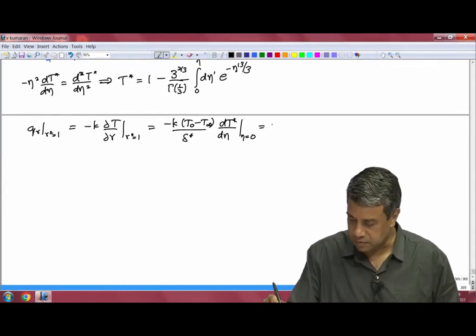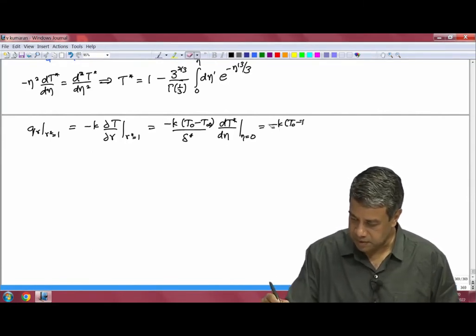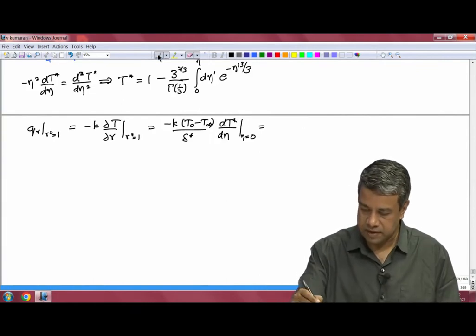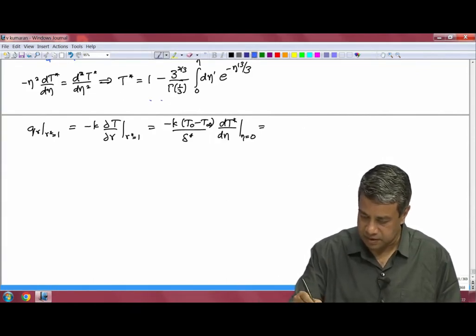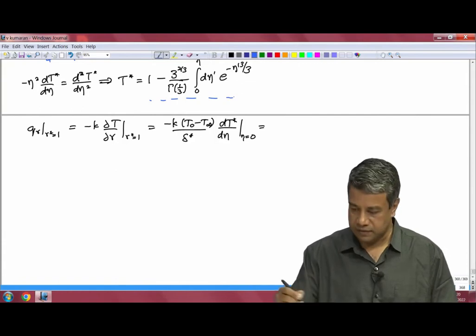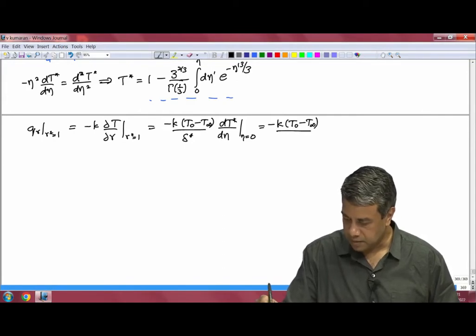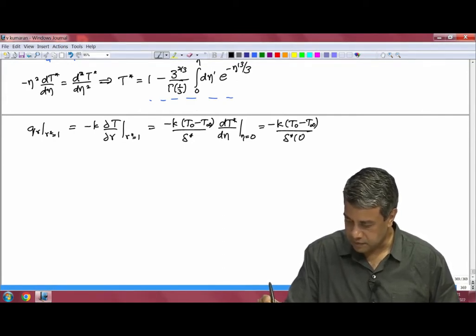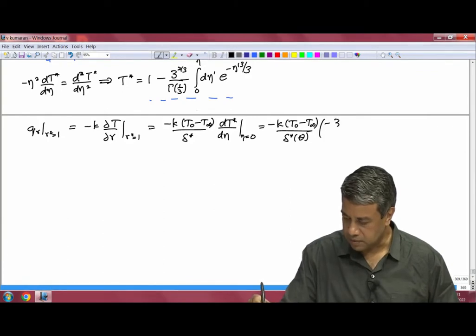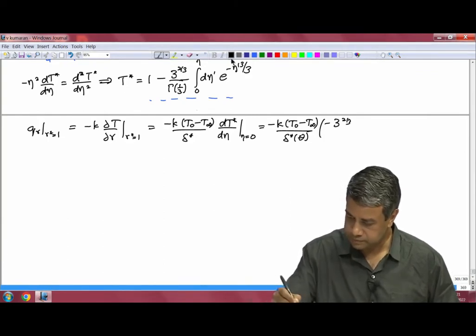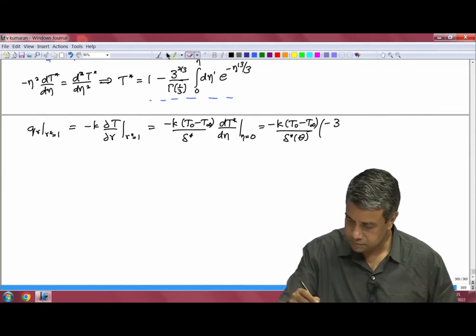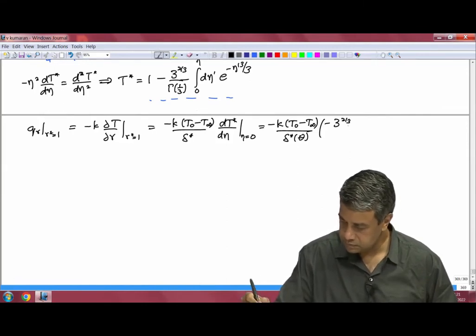This is equal to minus K into (T naught minus T infinity), sorry, there is a plus sign here because the derivative is negative, as is obvious from this expression here. The derivative is negative, so therefore you get minus K into (T naught minus T infinity) by delta star, which is a function of theta, into minus 3 power 2 by 3 by gamma of 1/3.